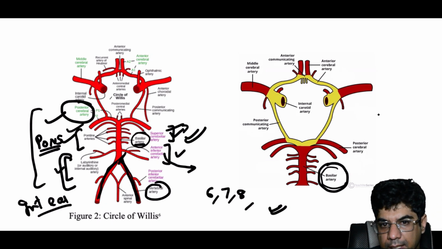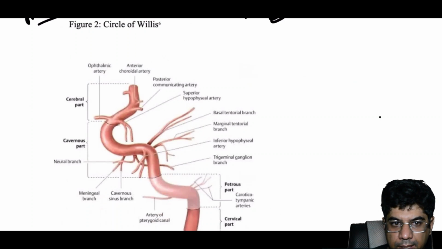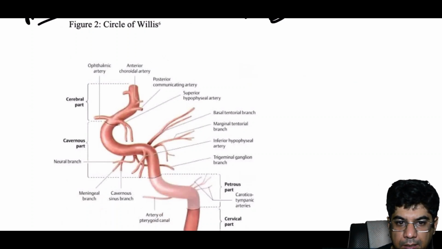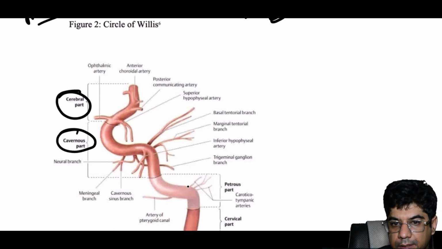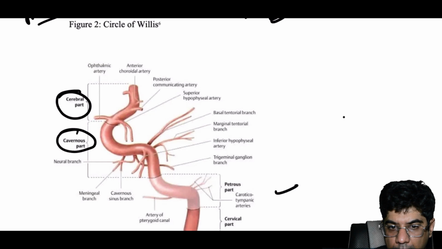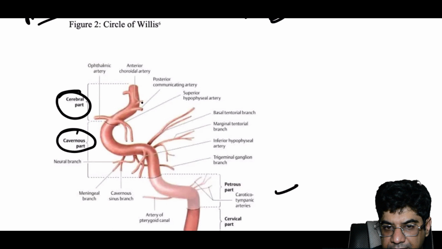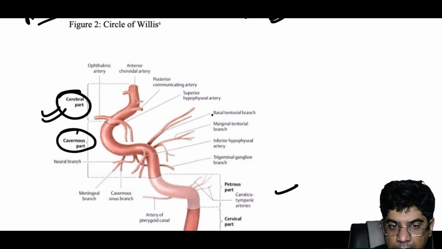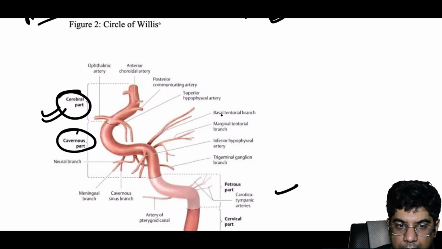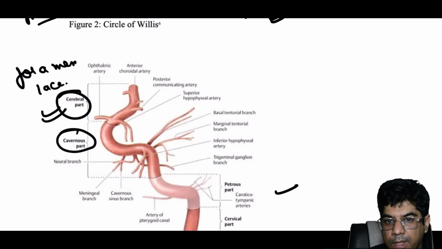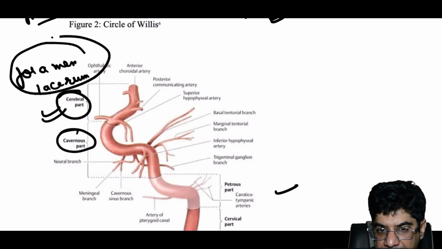The other is the internal carotid artery. It has various parts like the cerebral part, cavernous part, and the petrous part. So remember, in the cerebral part, can you tell me where it enters the cranial cavity?